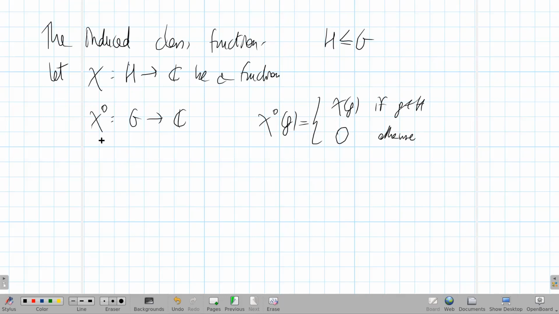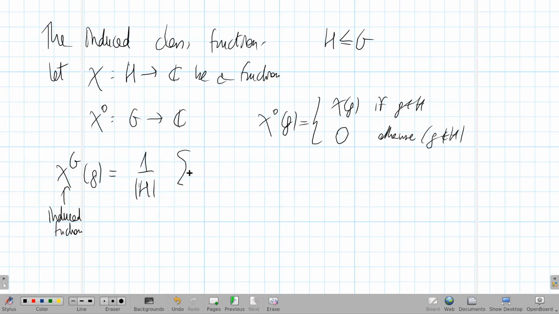So you have simply extended chi from H to G by declaring that if G is not in H, then outside H the value is 0. And then you define the induced function on G as 1 over the order of H. This is for technical reasons.